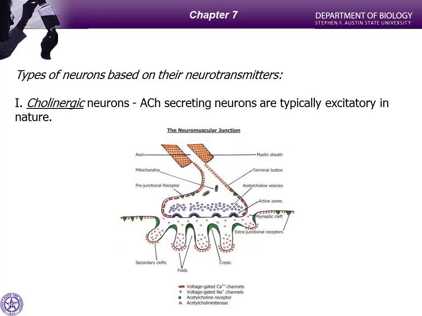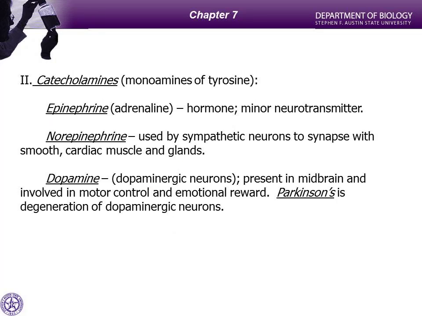Another group of neurotransmitters are going to be the catecholamines. This is a group of neurotransmitters that are derived from an amino acid. And in this case, the amino acid is tyrosine. And so you'll often hear catecholamines referred to as monoamines. What does mono mean? One.